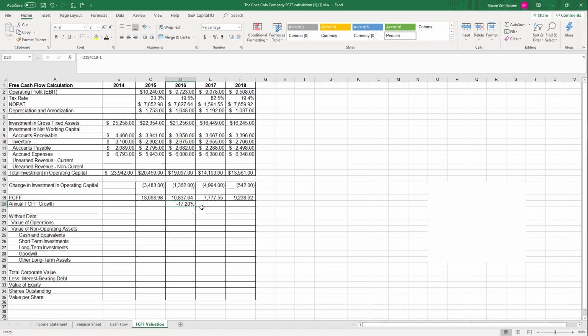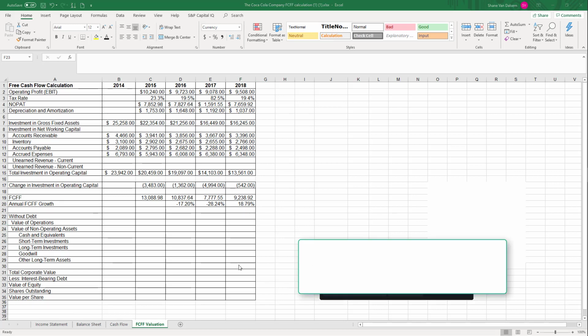So we see a 17.2% reduction in free cash flow. 2016, 2017 it's negative 28, and then in the last year it is 18.79%. So this reduction here in 2017 was due to this very high tax rate in 2017.